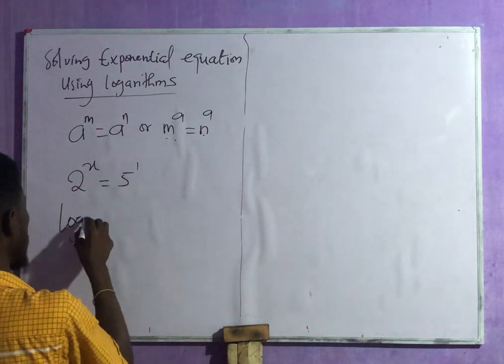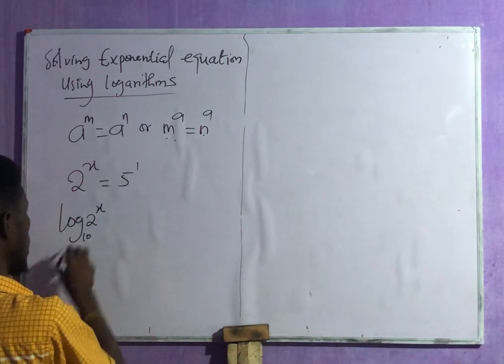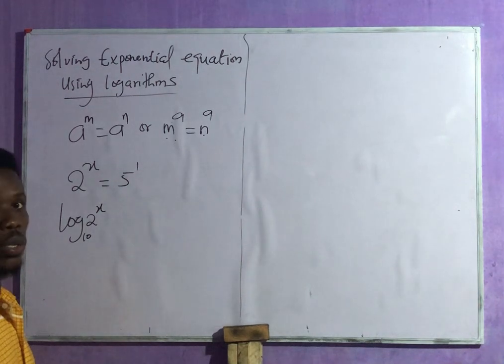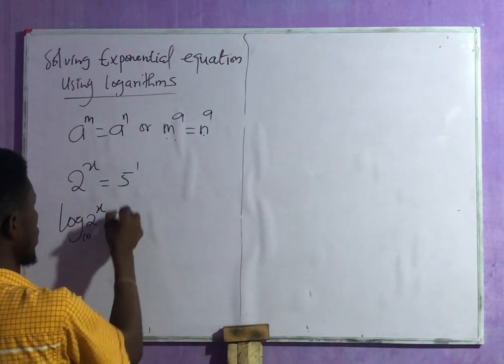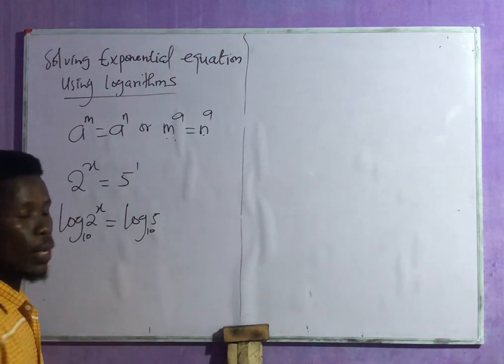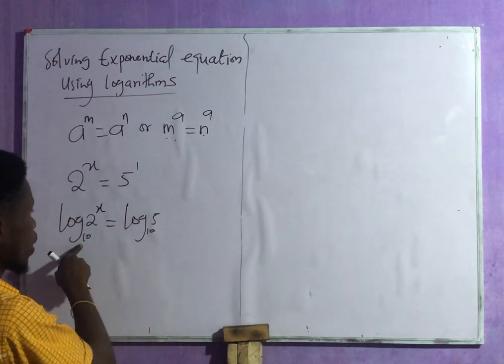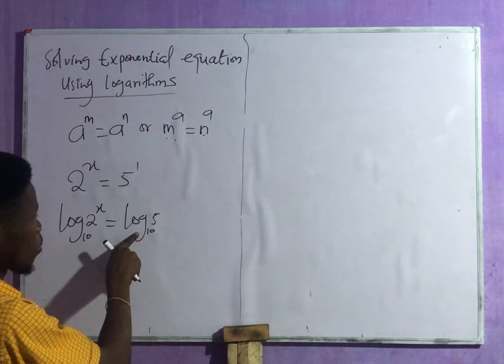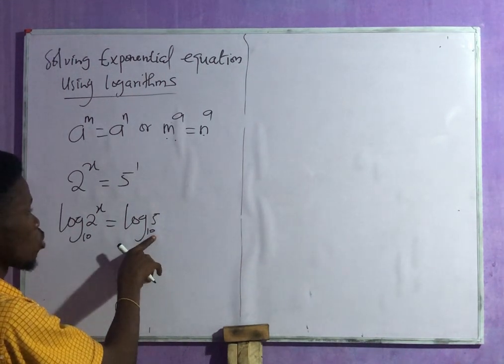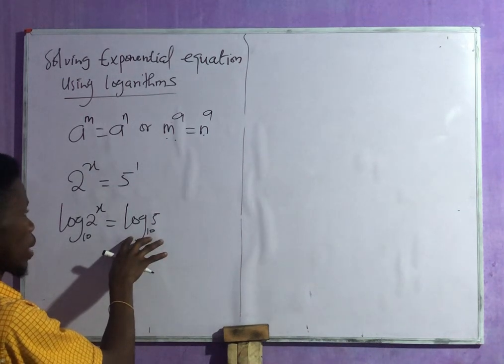So here will be log 2 power x, and here too will be log 5. If you like, you can write the base 10. You cannot take this side to be log base 10 and here log base 2. It must be the same. Whatever is here should be the same as this side.